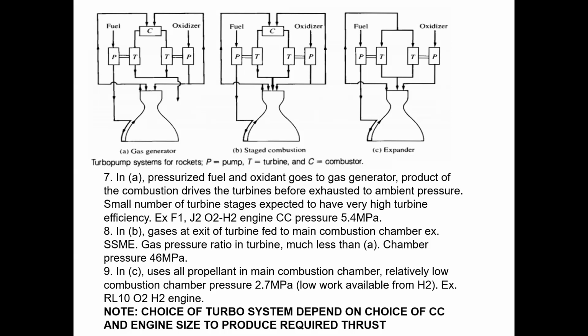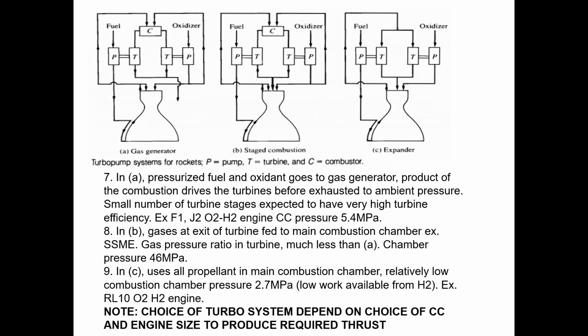And here you have a much lower combustion chamber pressure as compared to situations A and B, the gas generator and the staged combustion. An example of this kind of system is the RL10 engine, which again uses O2 and H2 as oxidizer and fuel.